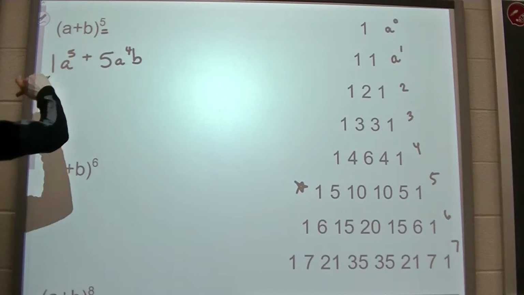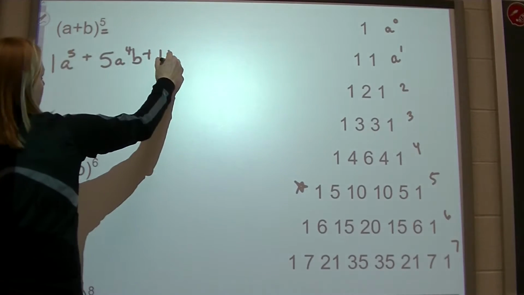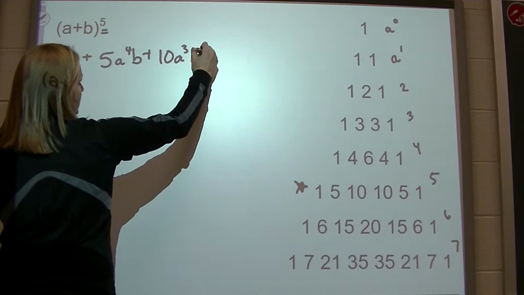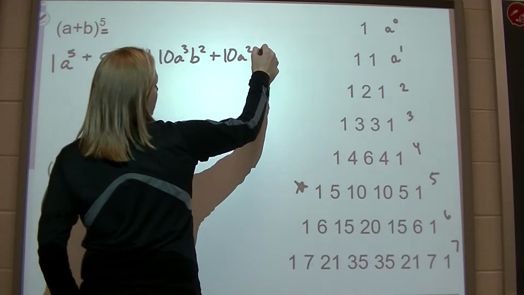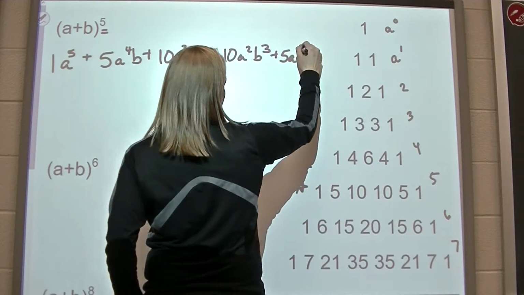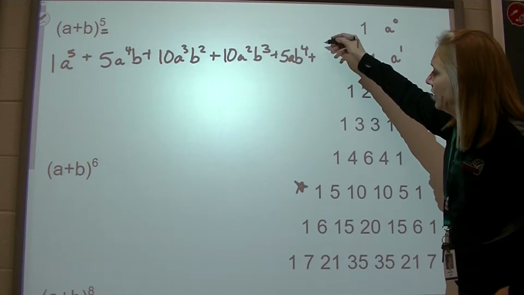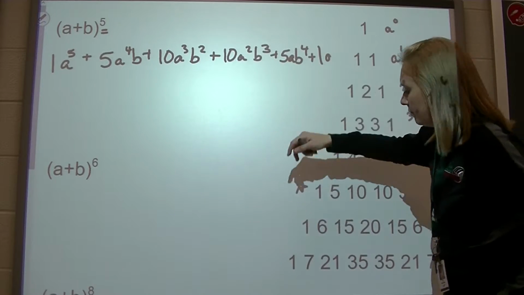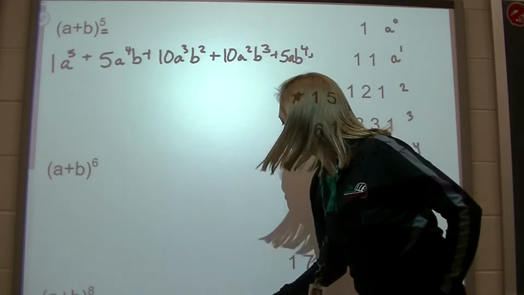This was b to the 0, now it's b to the first, or just b, plus 10a to the third b squared, plus 10a squared b to the third, plus 5a b to the fourth, and then plus 1b to the fifth.